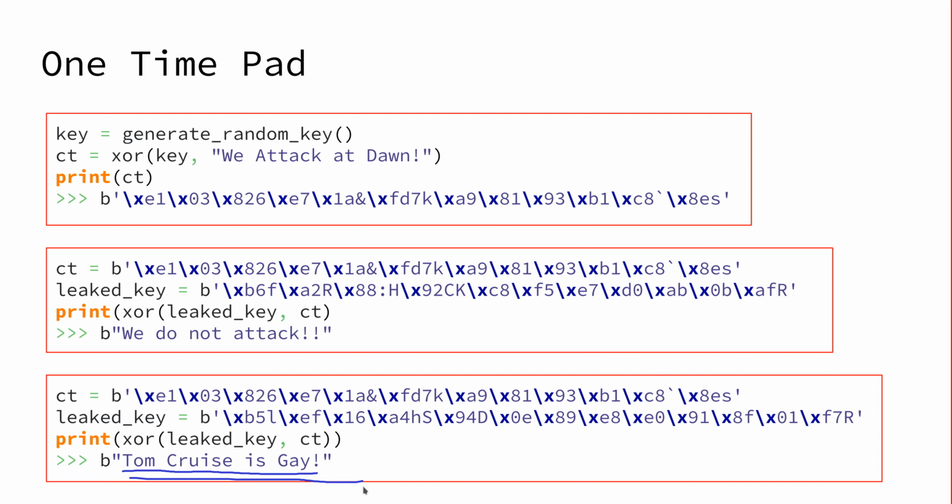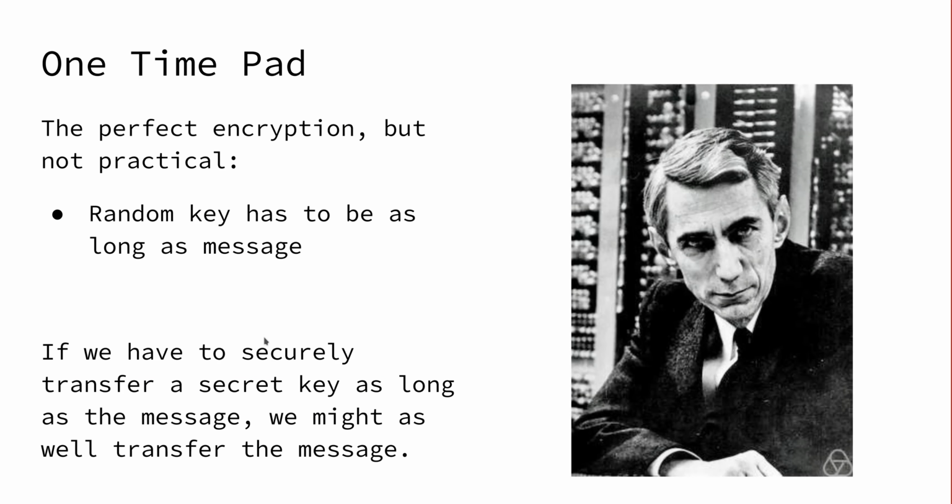It doesn't matter which key we use, we'll always get out a message that is as likely as all other messages. This is called the one-time pad, and from a theoretical perspective it's the only perfect cipher. So, problem solved, we have solved cryptography.